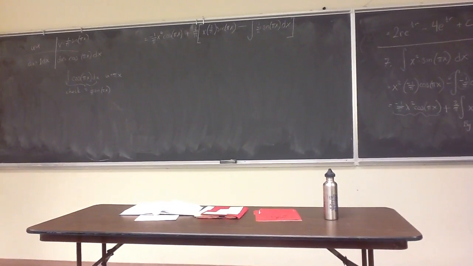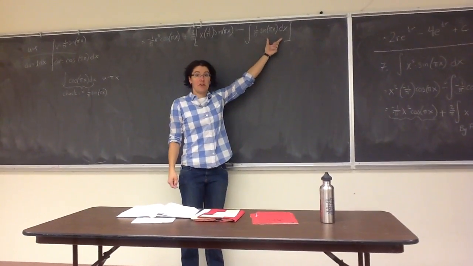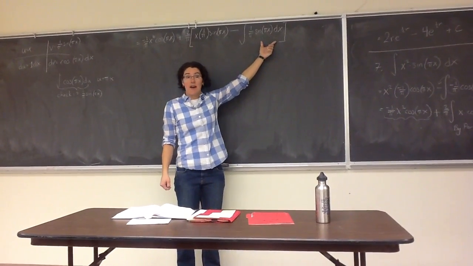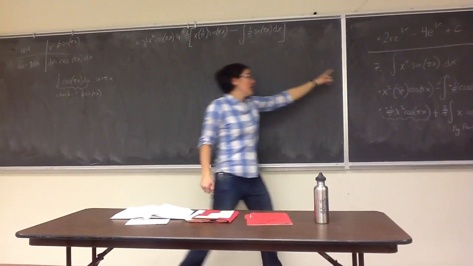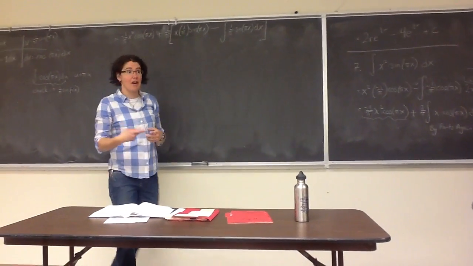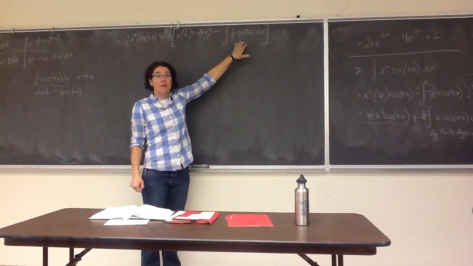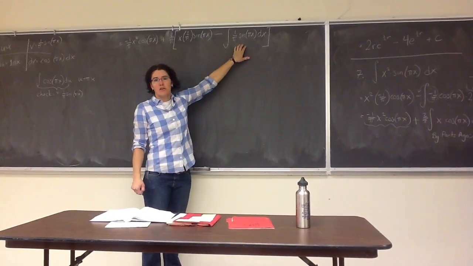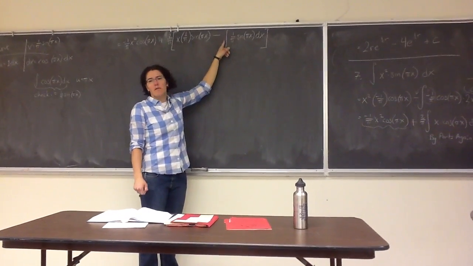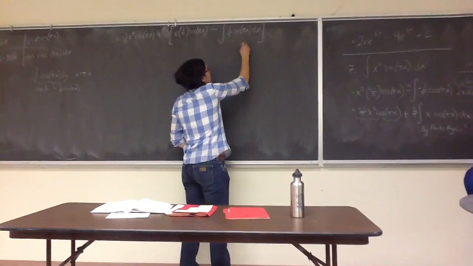Okay. After that I ask myself, am I in a better place with this integral that I have left over? And the answer is yes, because now not only do I not have an x squared, but I don't even have an x, so I've reduced the number of x's each time until I have no x's left over up here at all. And so at this point, this integral, I could clean it up by pulling the 1 over pi out front, but essentially this guy is going to be a u substitution.